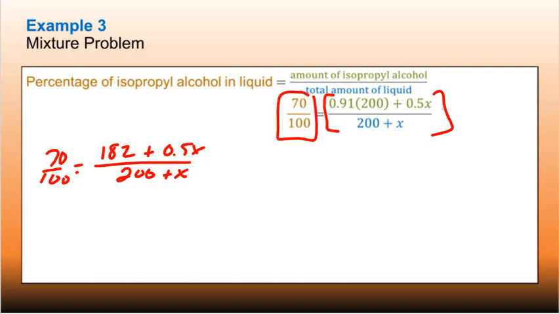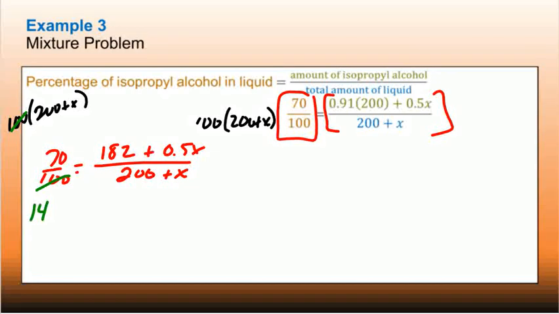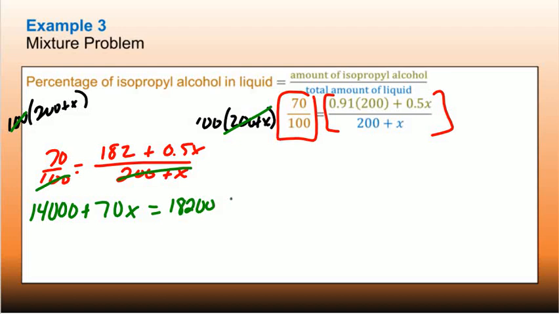So we need to multiply by the least common denominator, which is 100 times 200 plus x. So we're going to do that on both sides. Hundreds divide out here, and now I'm left with 70 times 200, which is 7 times 2 is 14 with 3 zeros, so 14,000 plus 70x equals, parentheses cancels out, and I'm left with 182, so 18,200 plus 50x.